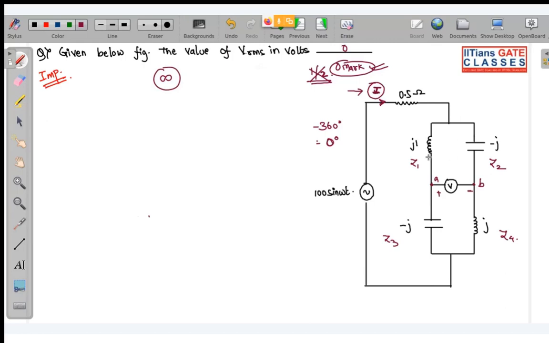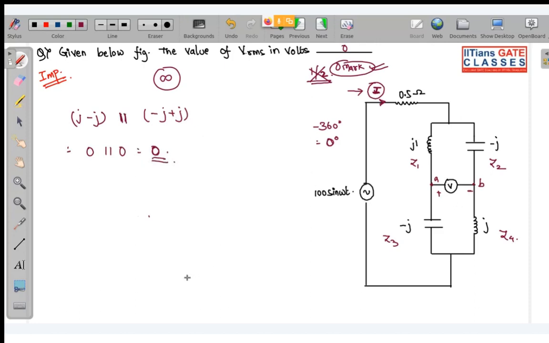If that is the case, then you can see these two elements, J and minus J, are in series, and this other pair, minus J and plus J, is also in series, and both of them are in parallel. So this is 0 parallel with 0, so that is 0. Now what is this condition? What is this?